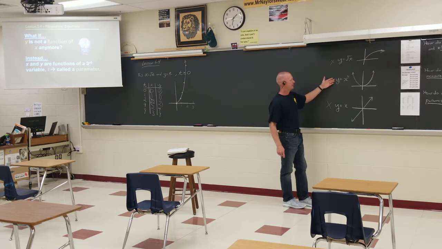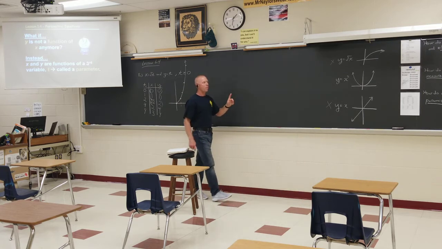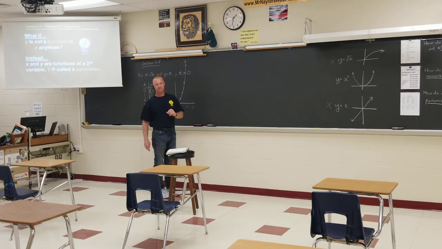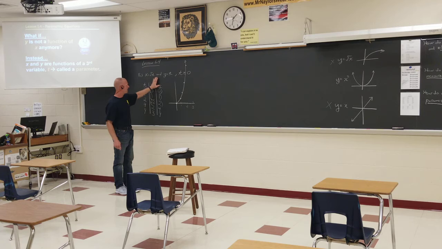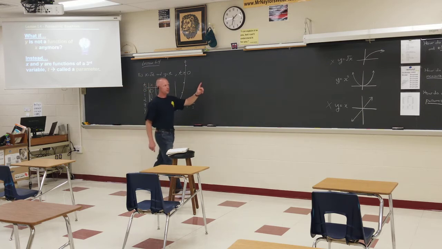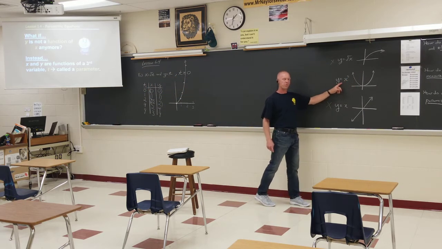Wait a minute, none of these are right? Well, one of them is almost right. And so what we want to understand is that this, which refers to these, is only half a parabola versus y equals x squared, which is a full parabola.